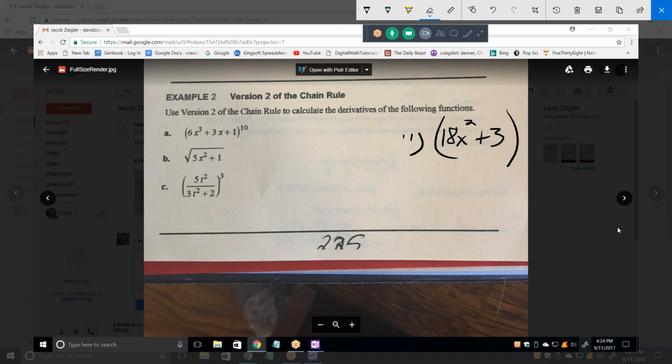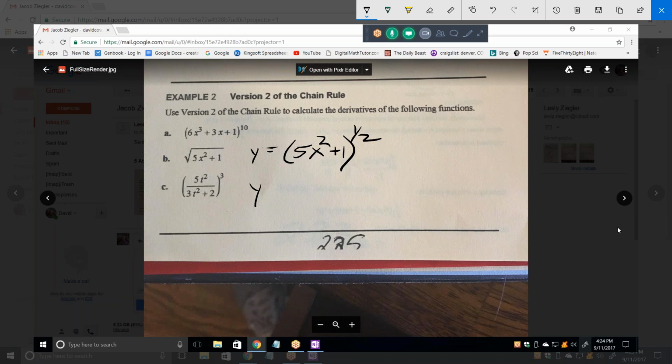Now, let's look at number B. First of all, how should I write that? Remember, radical signs don't work real well. Just put it to the half power instead of a radical. So it's really y equals 5x squared plus 1 to the 1/2. Now differentiate that. First of all, I'm going to ask this every time. What's the inside? 5x squared plus 1.